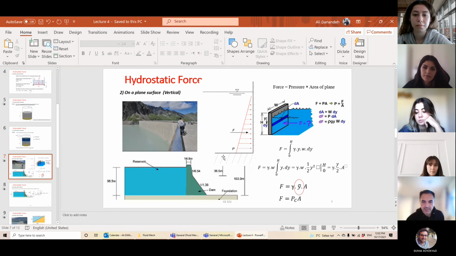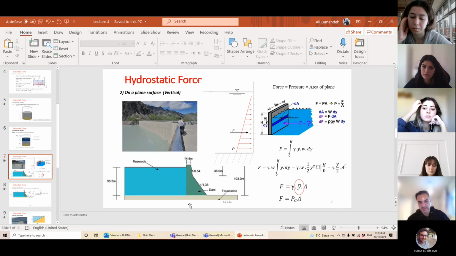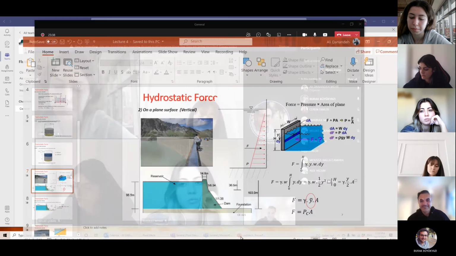Look, we found the resultant force on this dam and the value equals P_C times area. If you want to replace this force with this distribution of pressure, where should I put it?